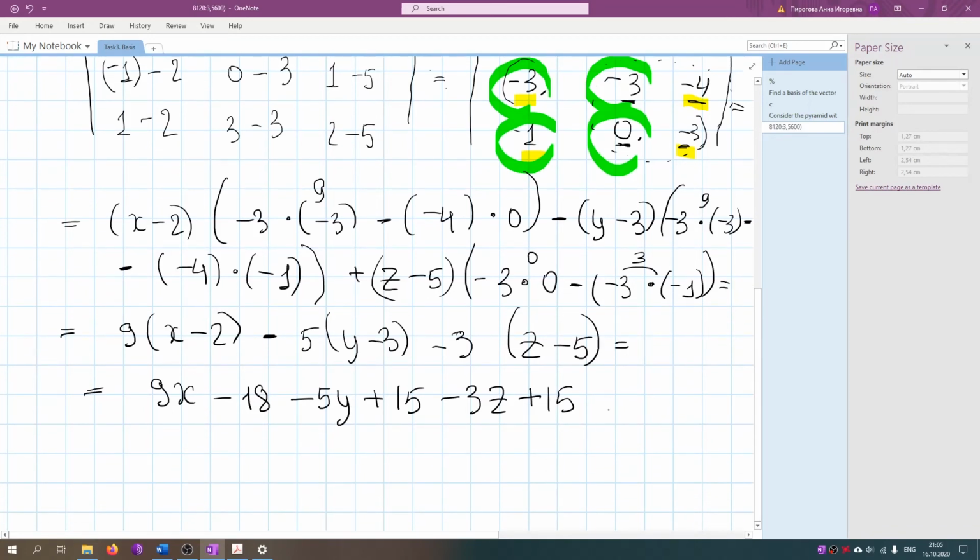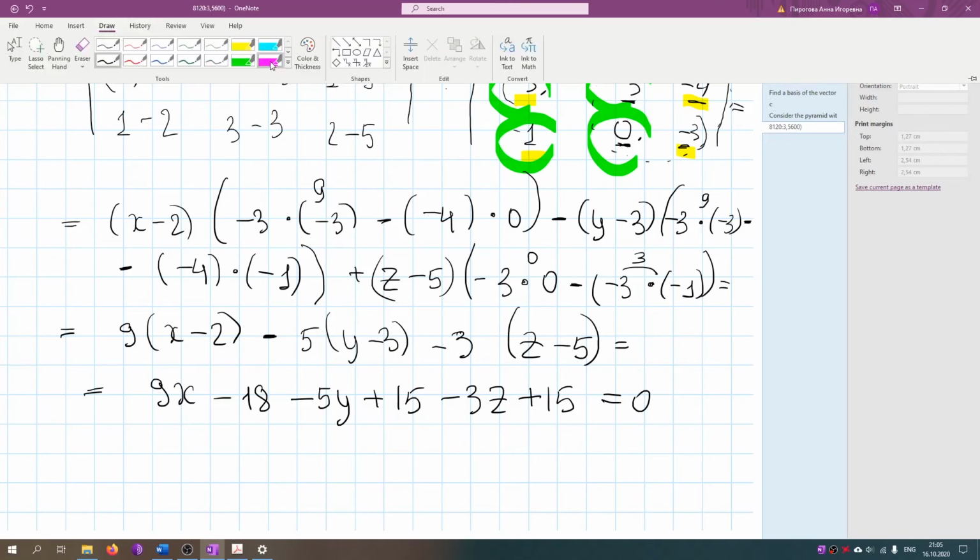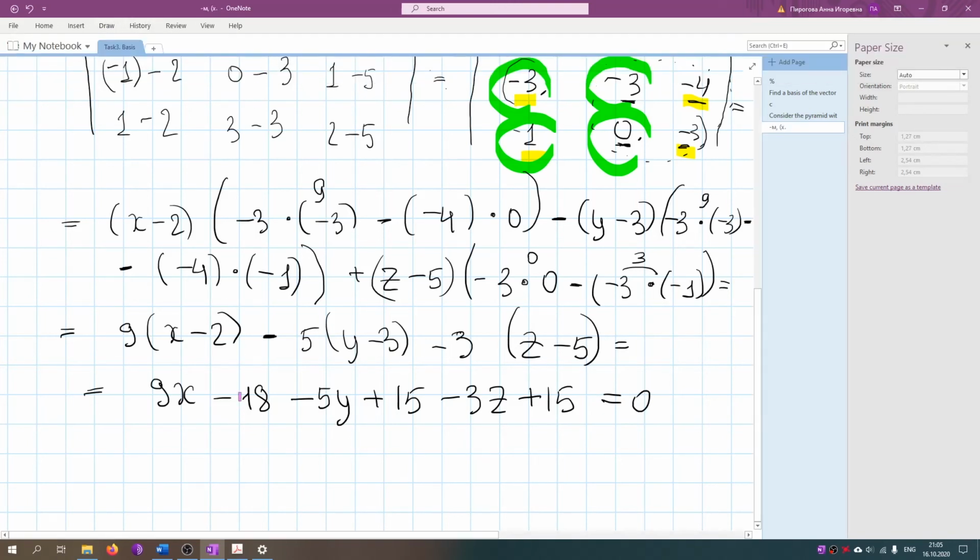So, and z will be equal to 0. So as you remember, we need to just take the coefficients, the numbers which are written before x, y, and z. And in our case, yes, here it is, minus 5. And in our case, it will be the coordinates of the normal vector.